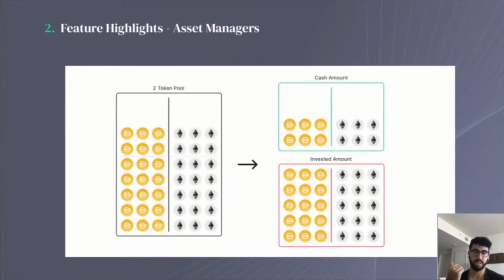And again, if that cash amount drops below a safe level, then the asset manager has to replenish it by withdrawing some from the invested amount and putting it into the cash amount.